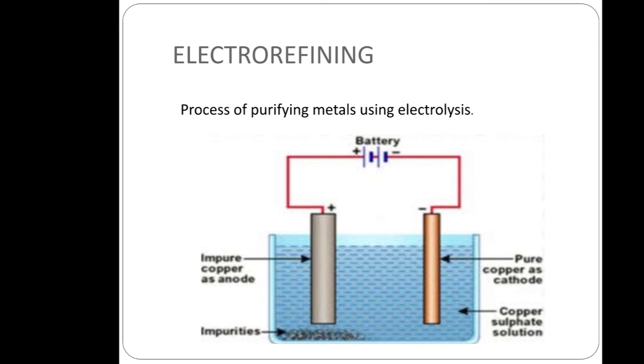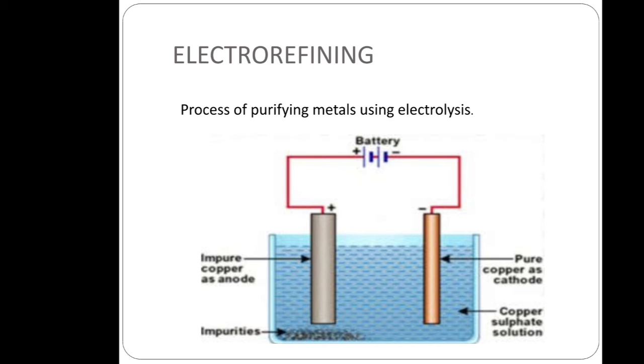So electrorefining is what? It is the process of purifying metals using the electrolysis process. So you see here in this picture, this is the setup for electrorefining. This process is mostly used to refine copper in the industries.